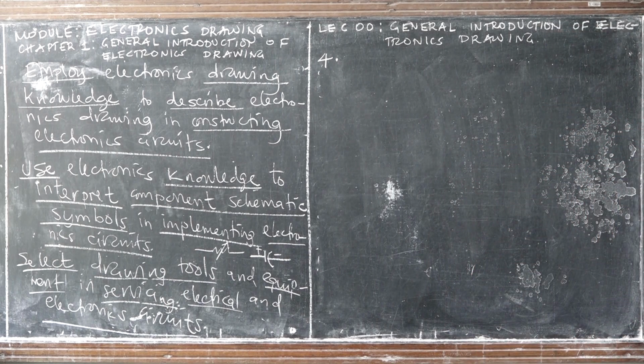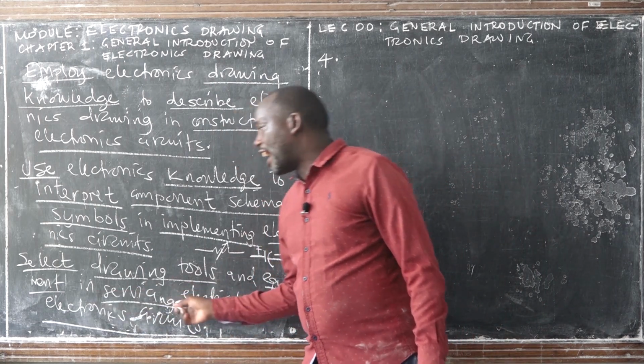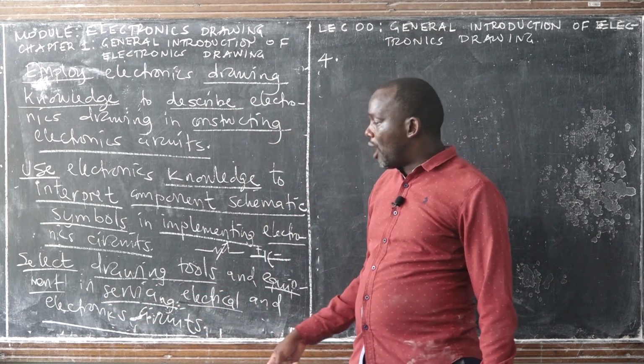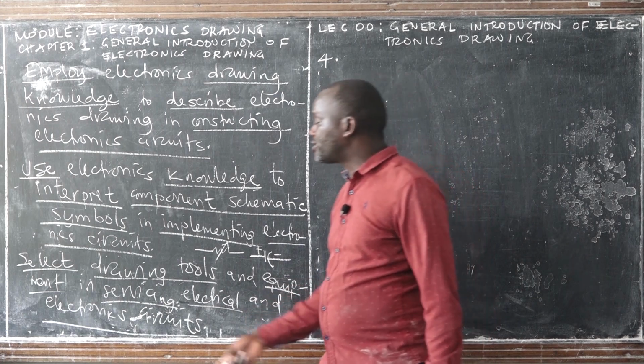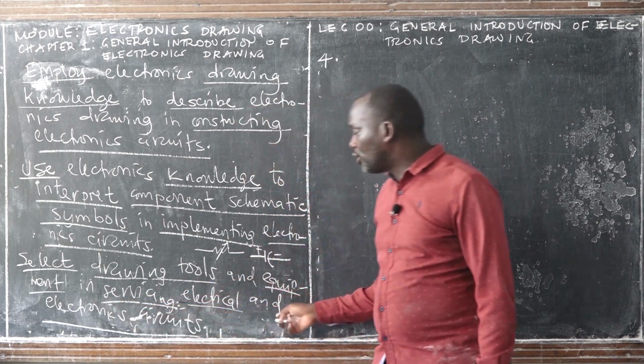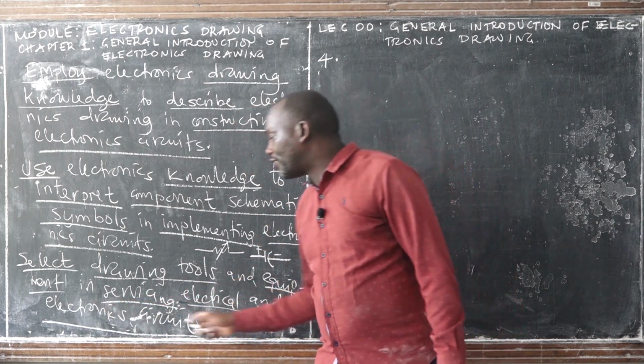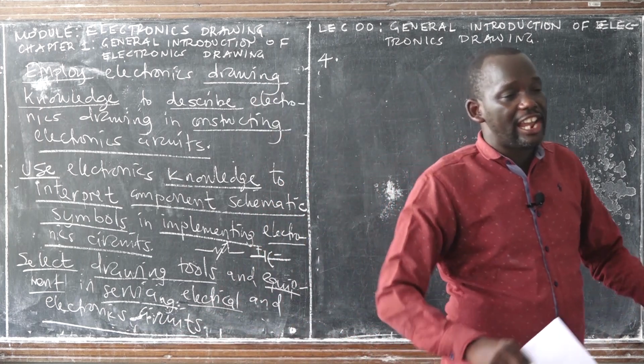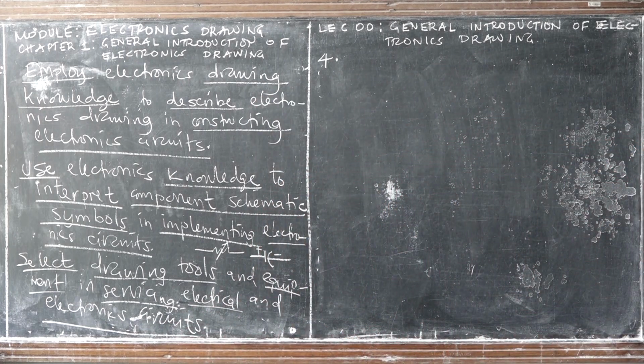So when you say servicing, as a technician, later on or while going through your studies, you may be given a particular electronic circuit or electric circuit, and you'll be asked to please troubleshoot or find the problem and fix it. That's what we call servicing that particular electric or electronic circuit.